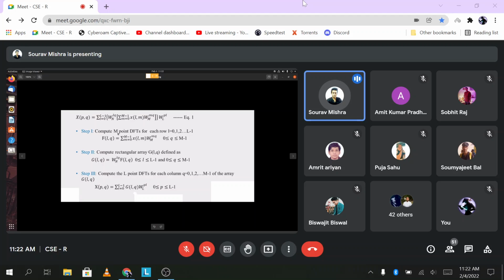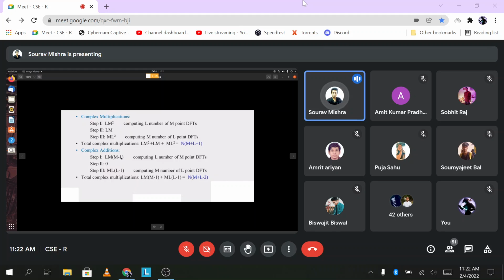When we computed the M point DFT for a single row, the number of additions was m whole m minus 1, so for L rows it was L multiplied by m whole m minus 1. Similarly, for a single column, to compute the L point DFT it is L whole L minus 1. For m columns, it is m multiplied by L into L minus 1.